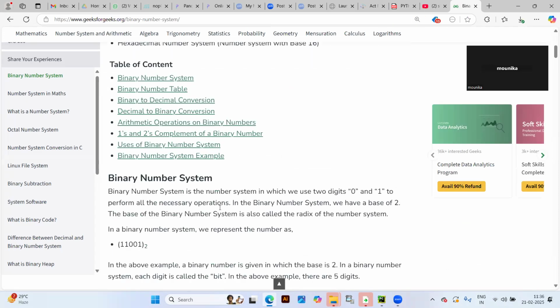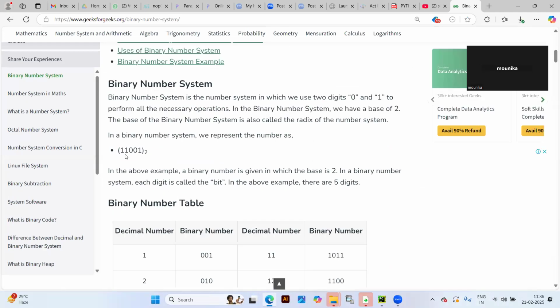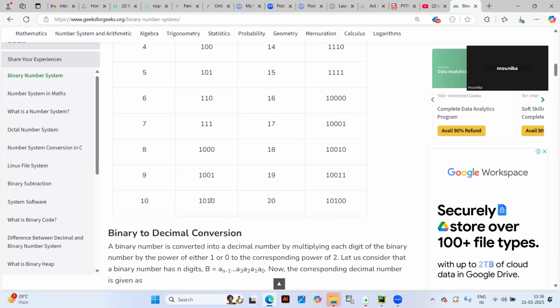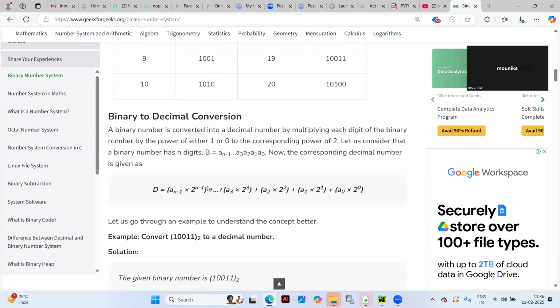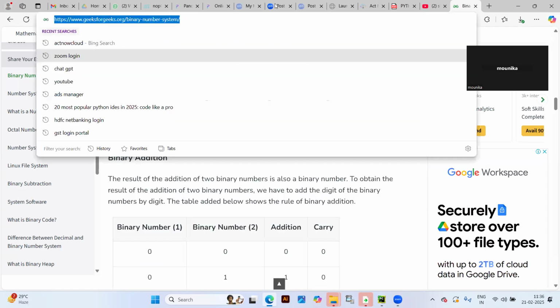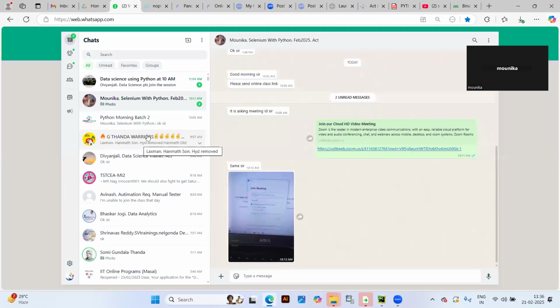If you look at all the mathematical perspectives involved, there is a conversion from binary to decimal, and to convert decimal to binary, you divide by two until the remainder becomes 0. I think you might have learned this at college level, so I am not explaining all this. It is a purely mathematical process to convert one form to another. You can take this help and go through it if you would like to know a little more.